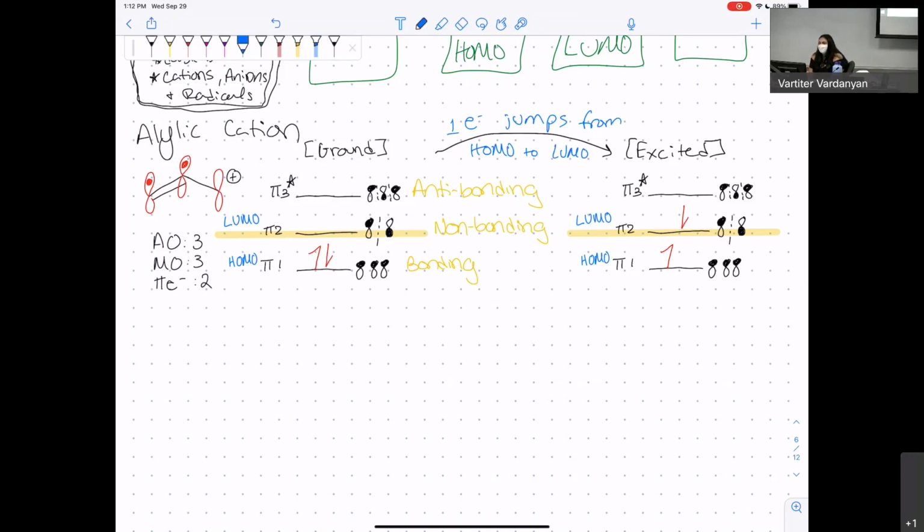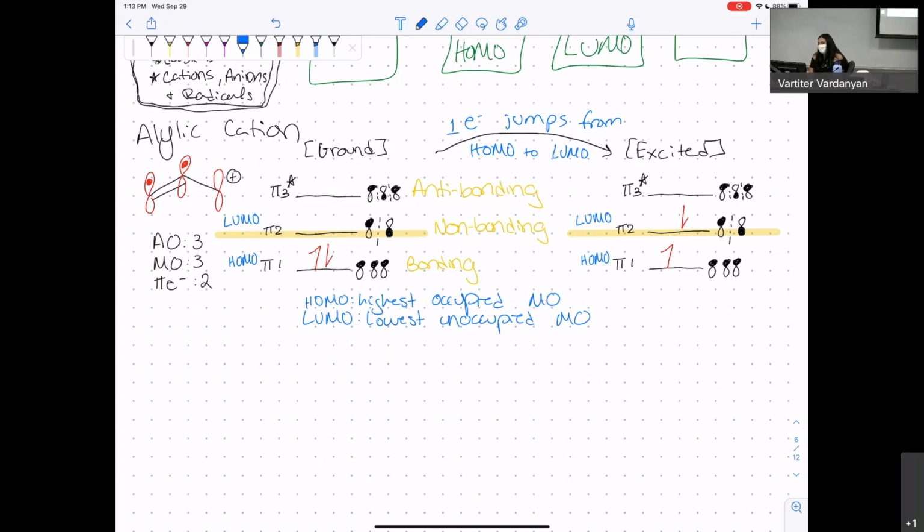Perfect question. So HOMO is the highest occupied molecular orbital, and the LUMO is the lowest unoccupied molecular orbital.